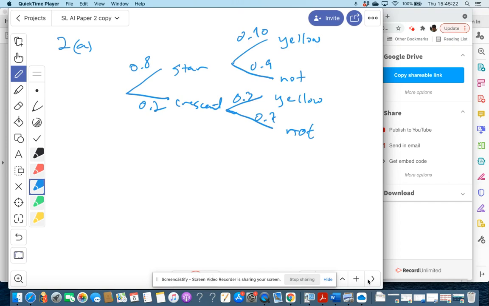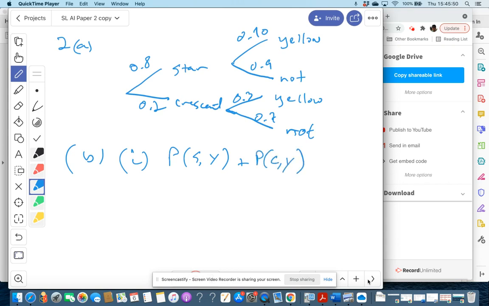Okay, so now question B was find the probability that it's yellow. So it could be a star and yellow, or, the word or means add, it could be a crescent and yellow.